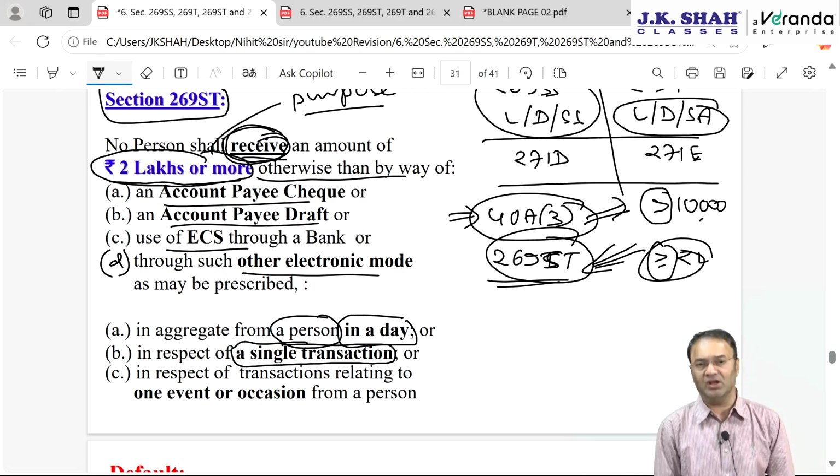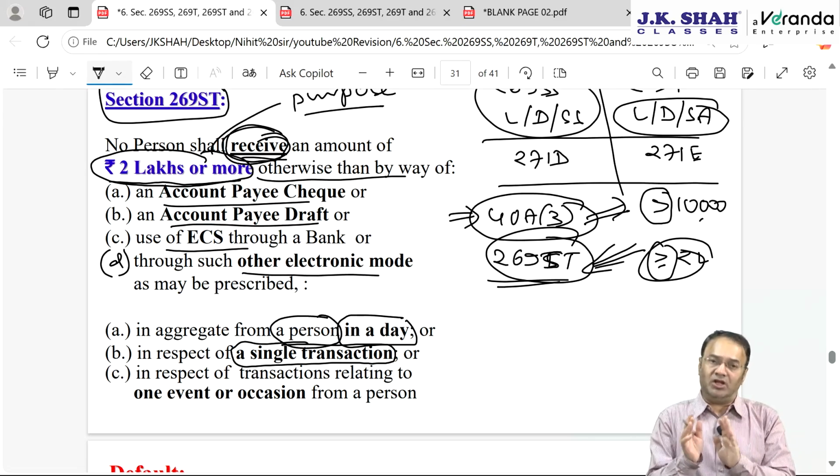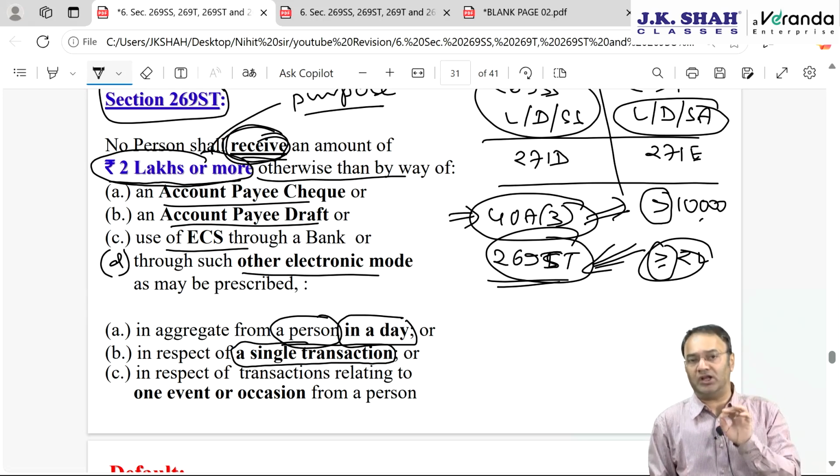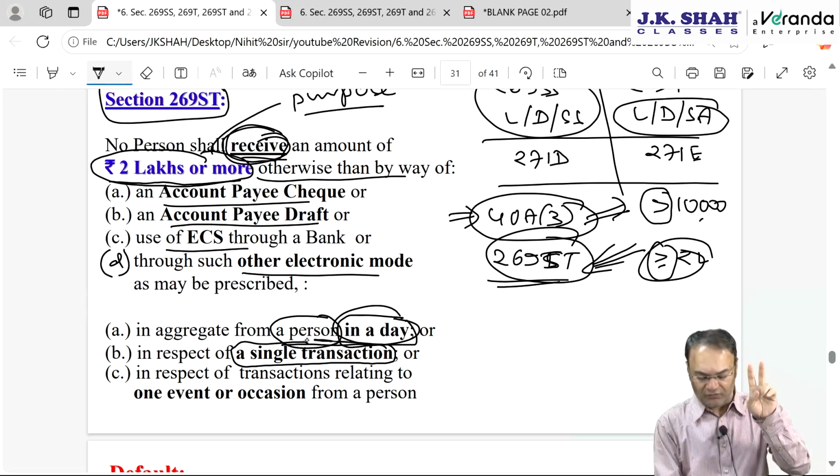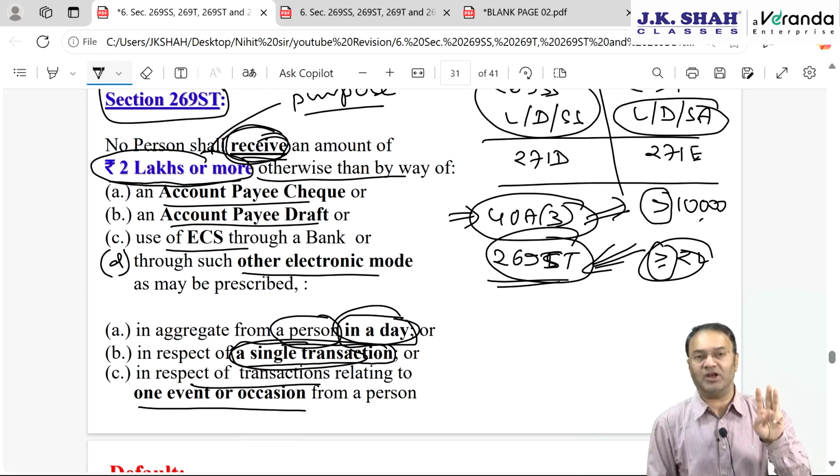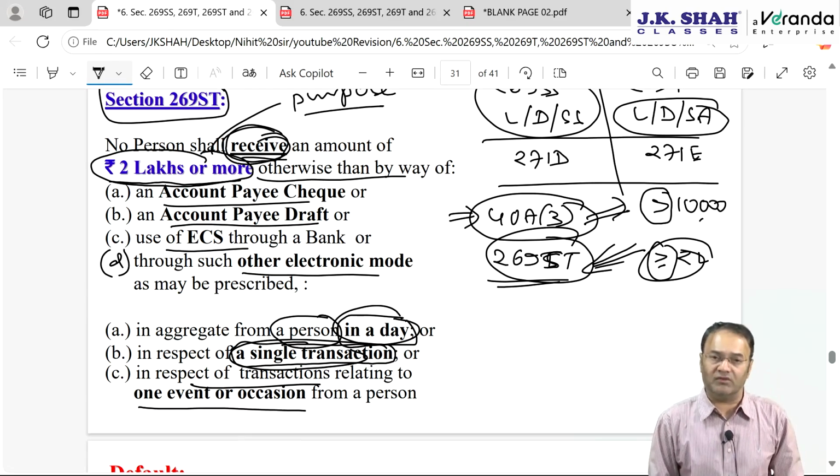The limit is per person. I can take 1,99,999 from multiple people. That's fine. If I am taking from different people, that's not a problem. From one single person, I should not take in one day for one transaction, or for multiple transactions in respect of one event or one occasion. Otherwise, violation.